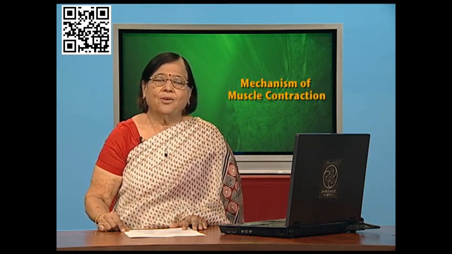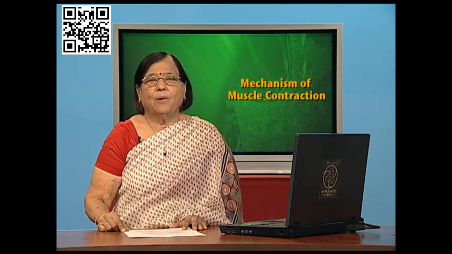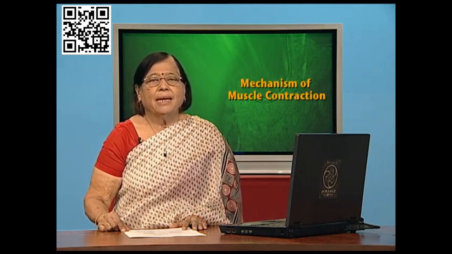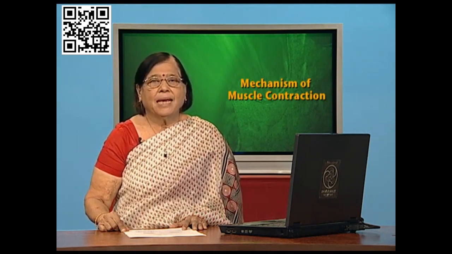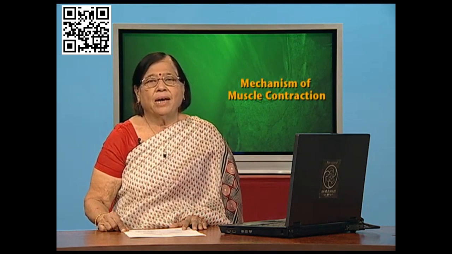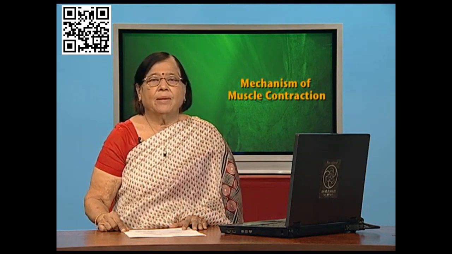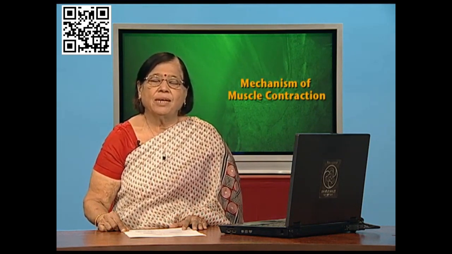Dear students, you have already learnt about neurotransmitters, which can be acetylcholine in cholinergic fibers and adrenaline in the case of adrenergic fibers. This time the muscle fiber we are discussing is cholinergic. So, the neurotransmitter which is released is acetylcholine.